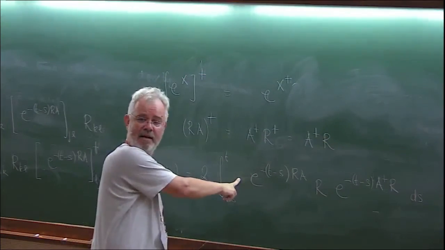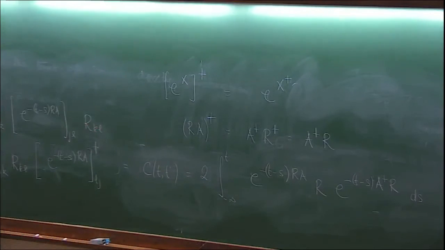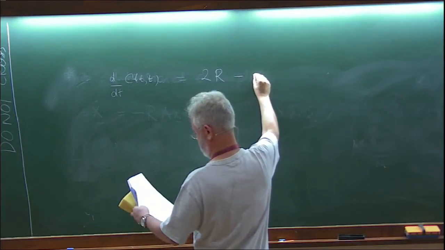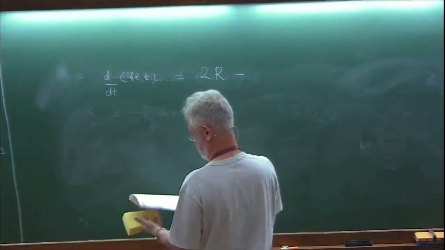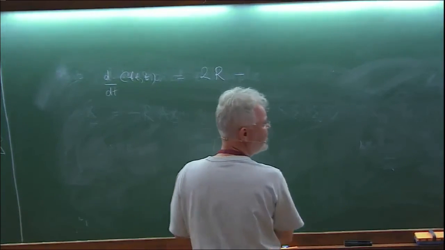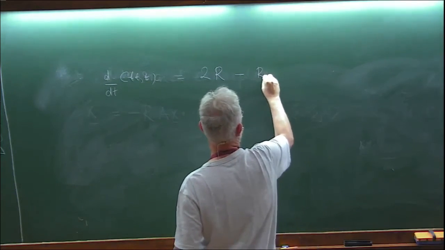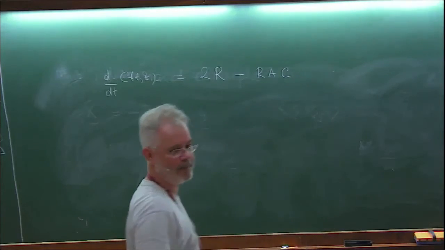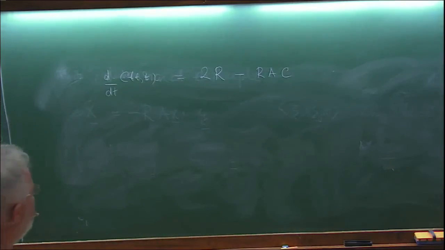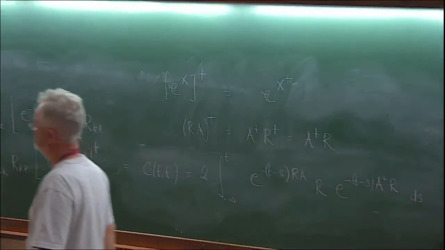So I'm going to bring it out on this side, but that was just C. So that's just RA acting on C. And there was a minus sign, it's minus t when you differentiate. So it's minus RAC. Yeah, that's right. The Royal Automobile Club. And then if you differentiate with respect to the second one, it brings out A dagger times R, on that side, but that's just C.